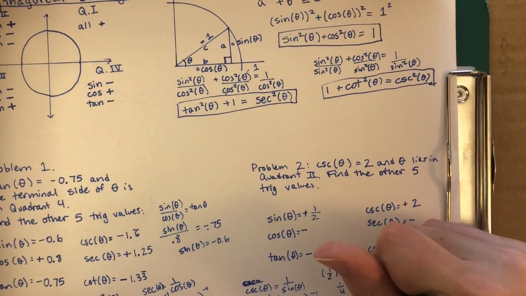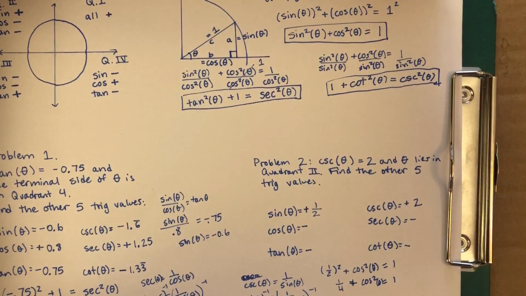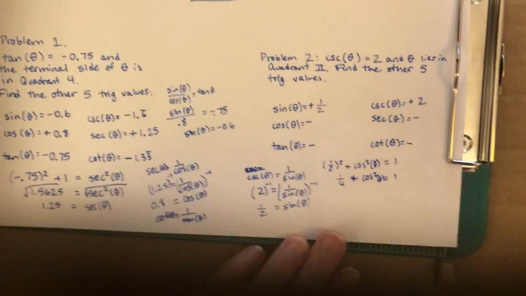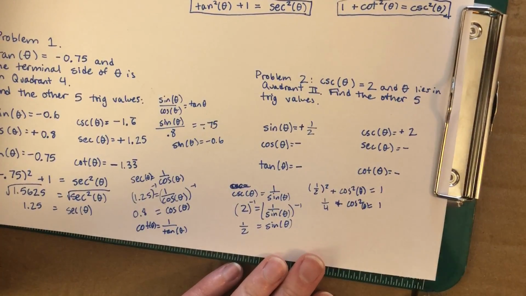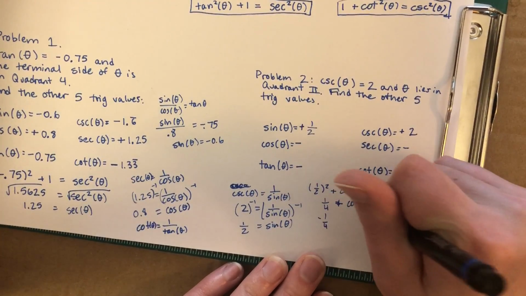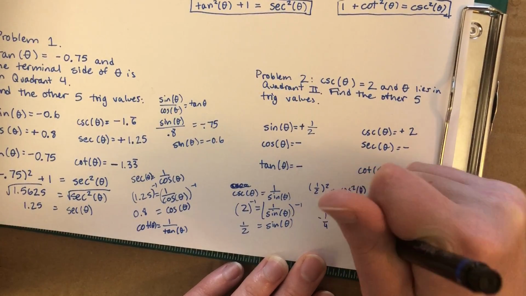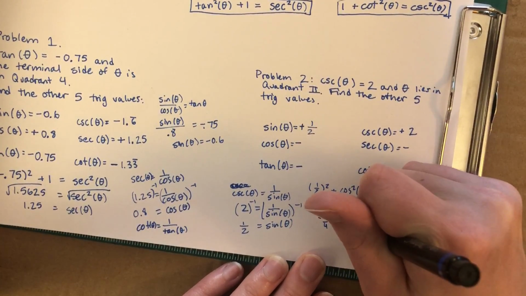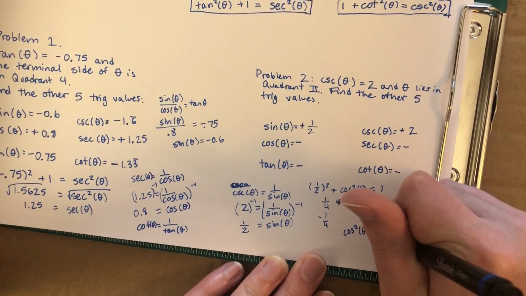I will subtract the 1/4 from both sides, and then I'll find that cosine squared of theta equals 3 over 4.